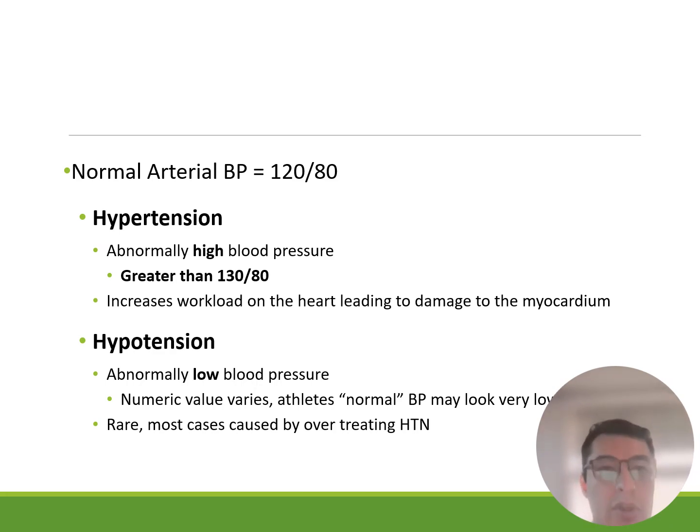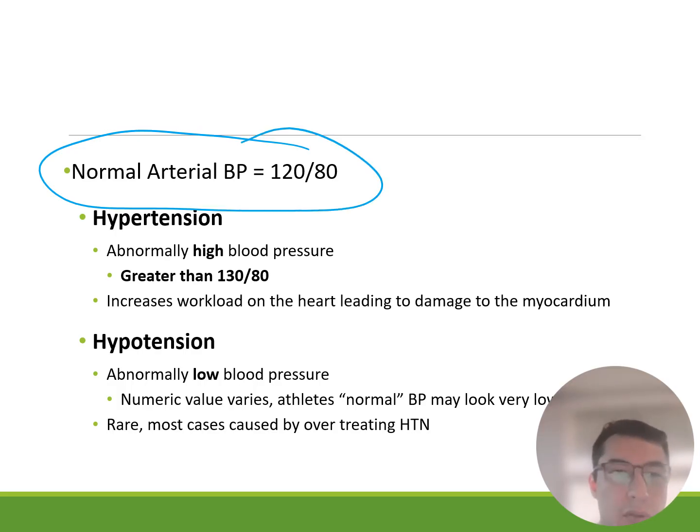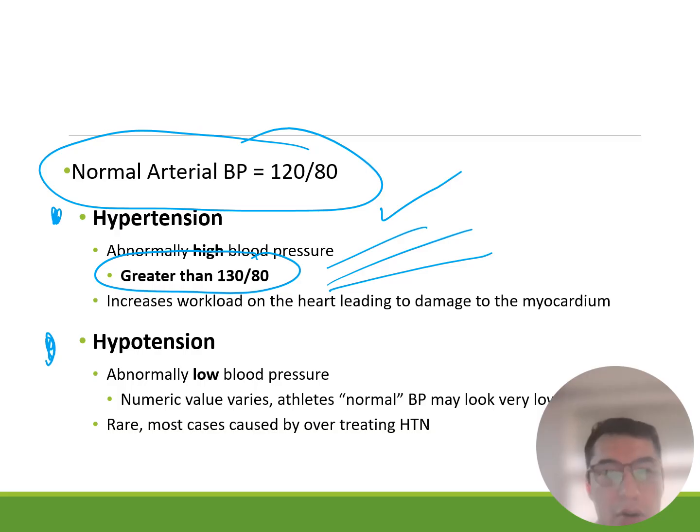When we talk about arterial blood pressure, know what is normal and know what is abnormal, with hypertension being abnormally high blood pressure, greater than 130 over 80. There are different categories of that. We're not going to get into hypertension pathology. However, just know what will be abnormal. And hypotension will be abnormally low blood pressure.